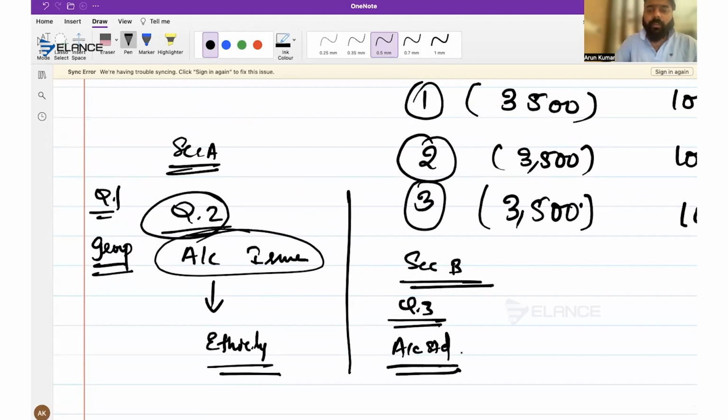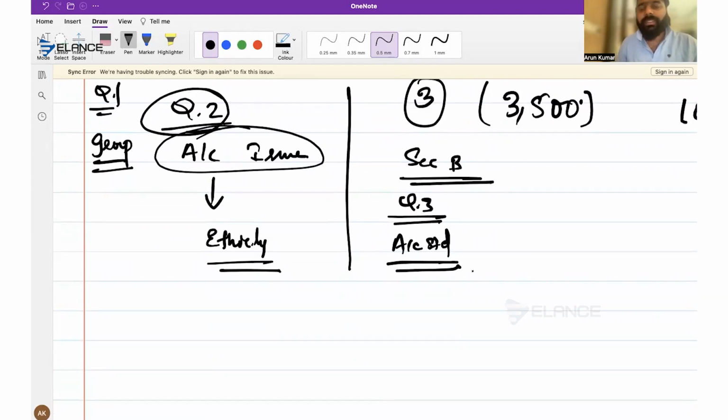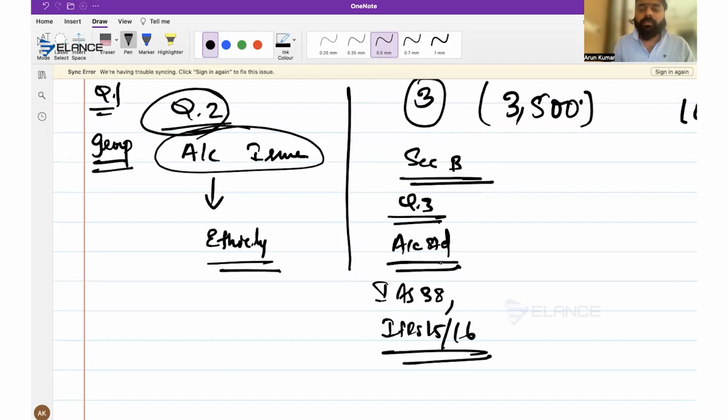In the past, if you look at the standards tested in question number 3, it may even start with IAS 38. So it does not include only higher standards. Some basic standards also get tested in question number 3, including IAS 38. Okay, IAS 38 has been tested. Apart from that, some higher standards like IFRS 15 and 16 have been tested.